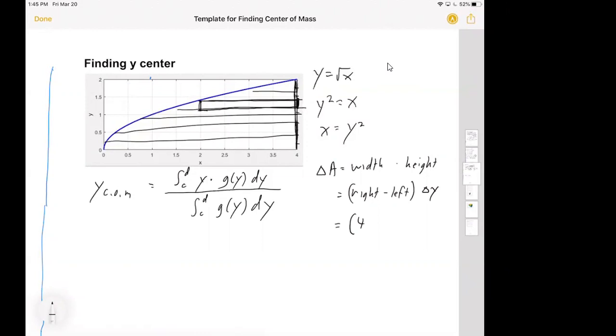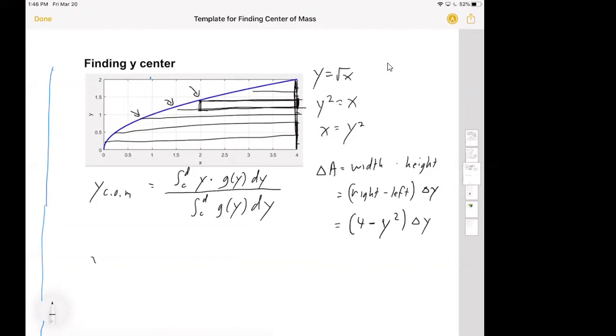The left-hand side, on the other hand, keeps bumping into the curve. So we have to subtract the curve, but since we're using delta y's for the height, we need to rewrite that the left side of the curve is in fact y squared times delta y. So g of y dy is actually going to be replaced by the delta A.